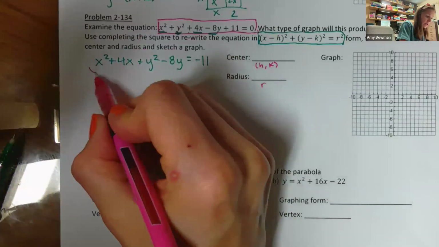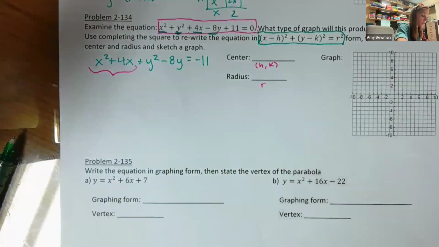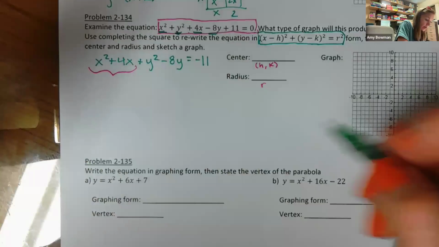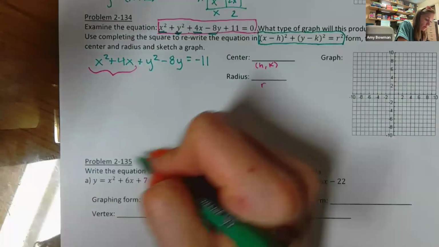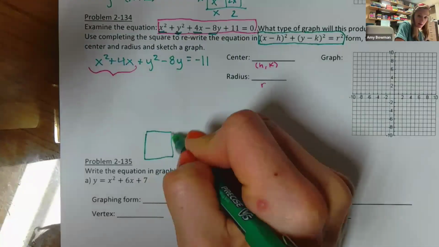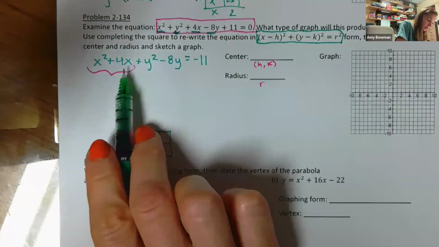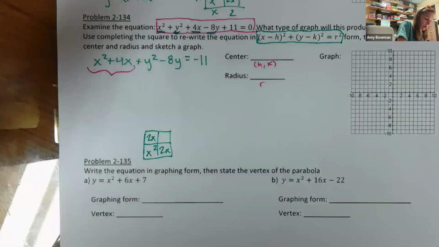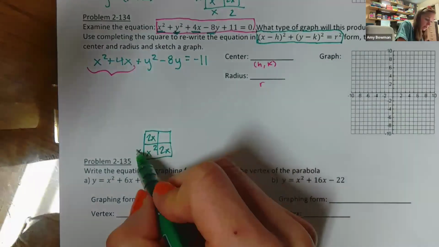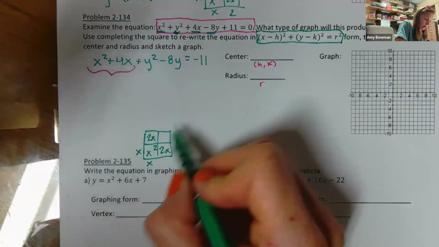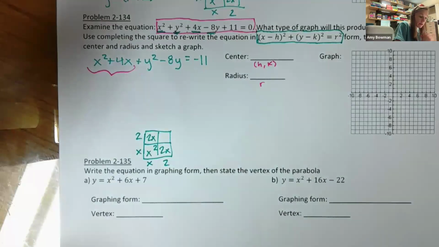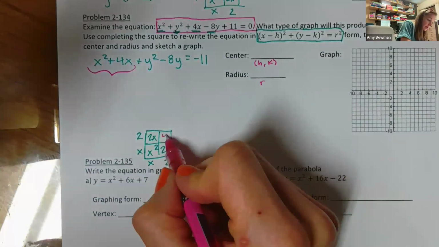Okay, then just looking at my x terms. So these right here, I want to complete the square on those. And then we'll have a perfect square formed with x's. My 4x's evenly, so that's going to be 2x and 2x. So right away, I know my dimensions of my x perfect square, they're going to be x plus 2 times x plus 2, which means to complete the square, I need to add 4.